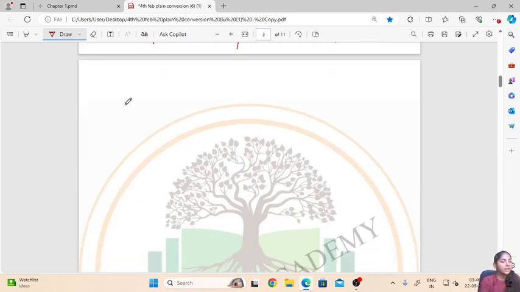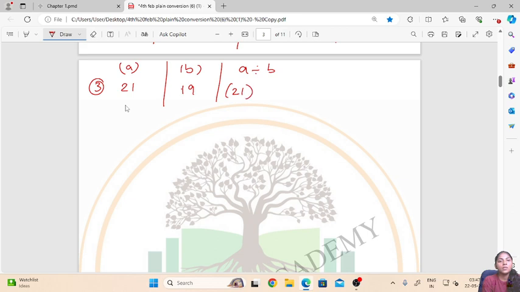Then the third example we have is a as 21 and b as 19. So a divided by b will be 21 divided by 19, which is not an integer.